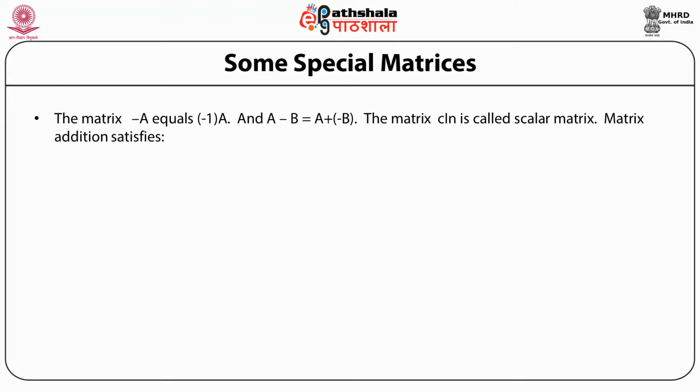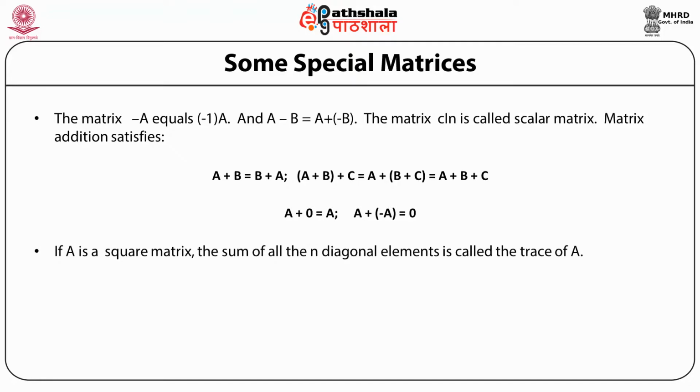Matrix addition satisfies A plus B is equal to B plus A. Also, the associative law, which says (A plus B) plus C is equal to A plus (B plus C), which equals A plus B plus C. Also, A plus 0 is equal to A, and A plus (minus A) is equal to 0.